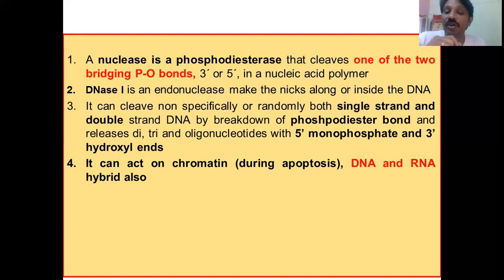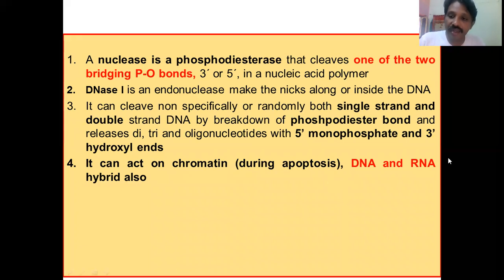Apoptosis is nothing but programmed cell death, where the cell undergoes shrinkage followed by condensation. So the cell is fragmented in that particular phase, and even the DNA is fragmented into small portions. That is where DNase I plays a role by fragmenting the DNA.